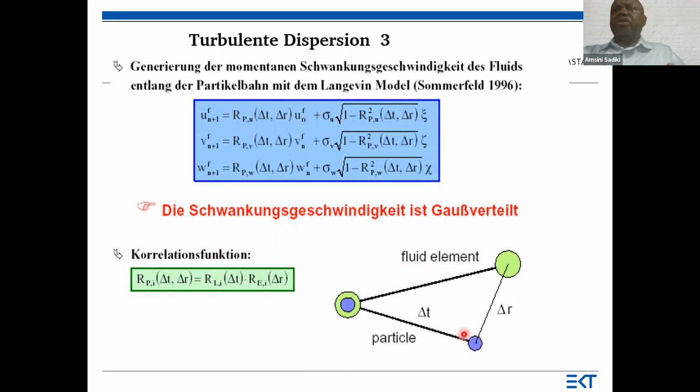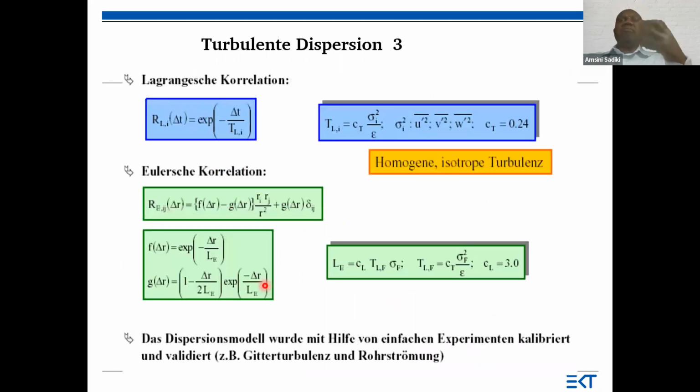The correlation we obtain from these two, this is this here, and it is the Lagrangian one, and this is the Eulerian one. And the Lagrangian one and the Eulerian one are obtained from some ideas from turbulence, and we obtain that it is exponential of minus delta t divided by the Lagrangian time, and the Lagrangian time, as I told you, is exactly this one.